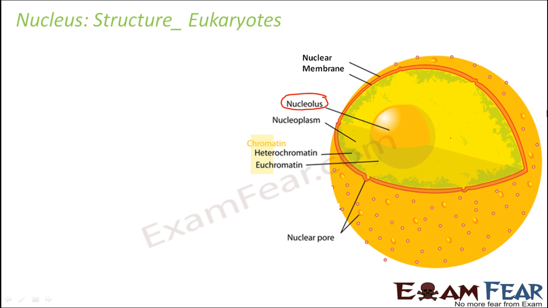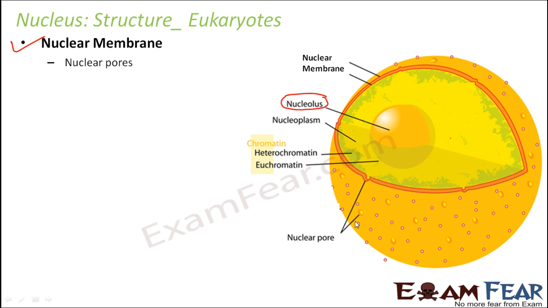So let us quickly look at the various parts inside the nucleus. So here the thing which you see on the screen is the nucleus. So the first of all is the nuclear membrane. So this outer membrane, you can see the outermost layer of this ball is the membrane which separates it from other components inside the cell. So this nuclear membrane also has tiny pores on its surface.